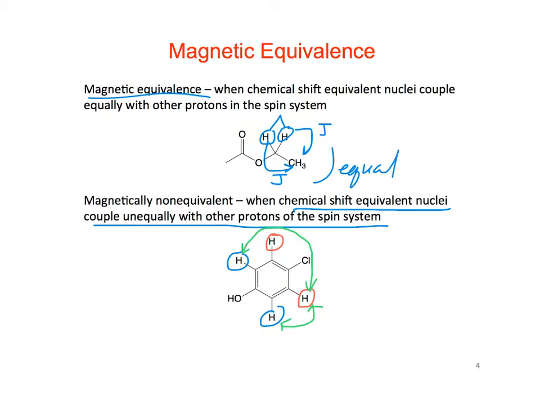So it has kind of an ortho coupling and a para coupling to the same protons, right? So if we call this J1 and this is J2, these are not going to be equal. And this is magnetic non-equivalence.